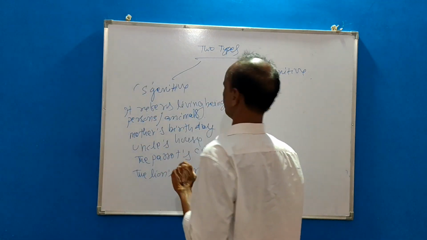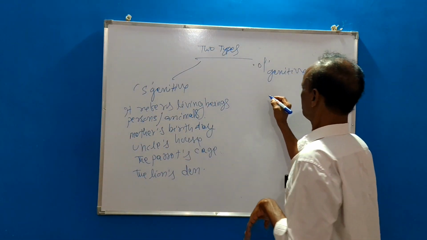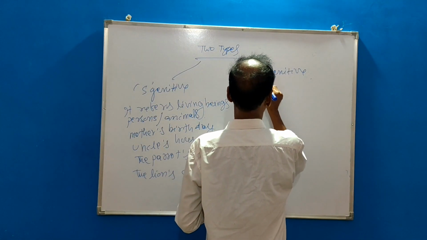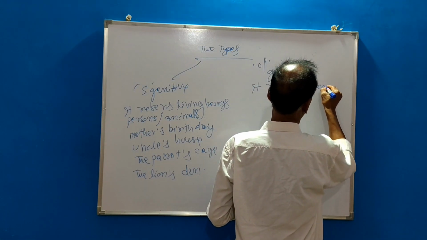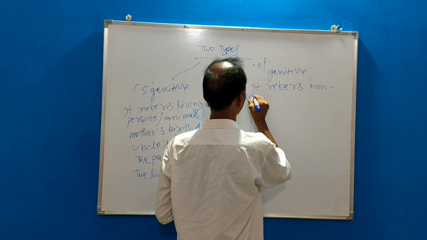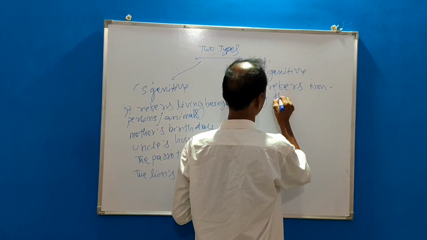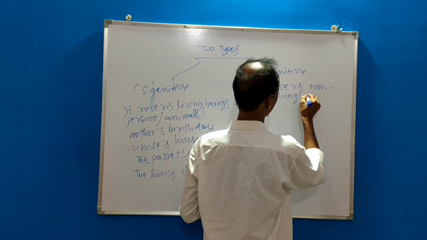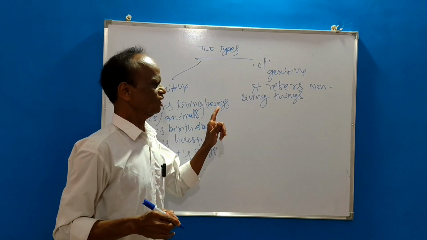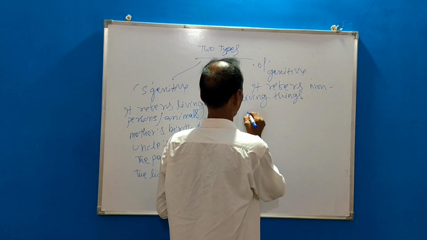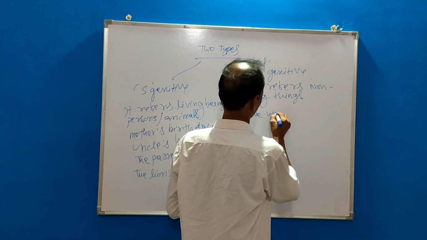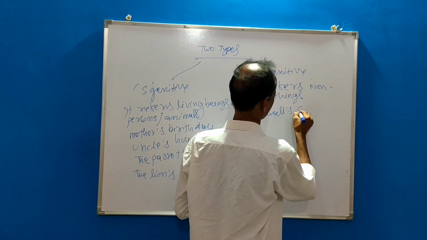Then, of genitive. Of genitive refers to non-living things. Okay? For example, the wall's color.